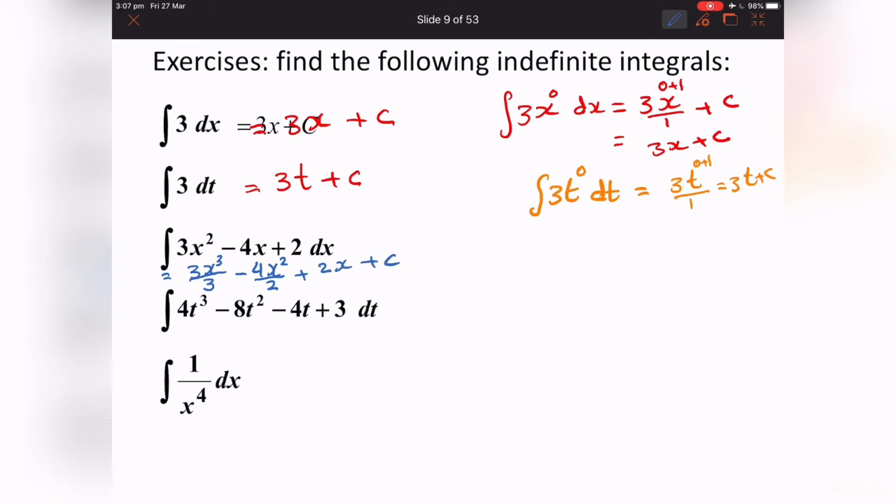And we can simplify these. The 3 goes with 3, and this 2 goes with 2 here. So the final answer will be x cubed minus 2x squared plus 2x plus c.